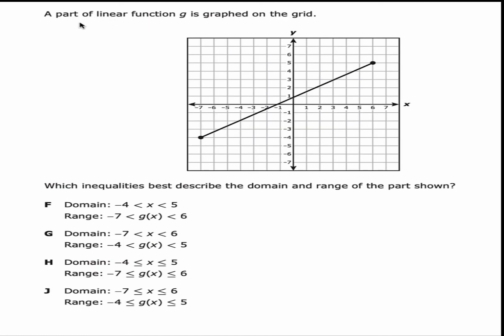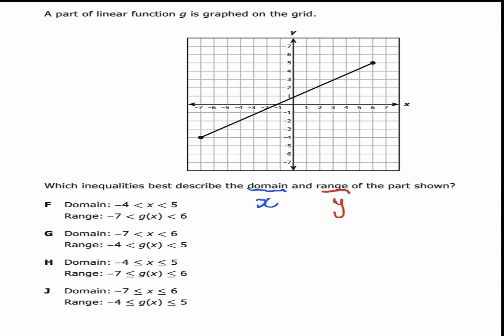It says here a part of a linear function g is graphed on the grid. We have a start and a stop, so you're going to have a starting point and an end point. And it says which inequalities best describe the domain. Remember, domain would be x, and also we want the range, which would be y.